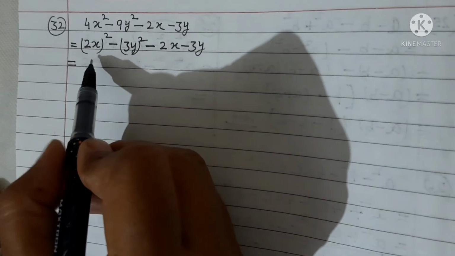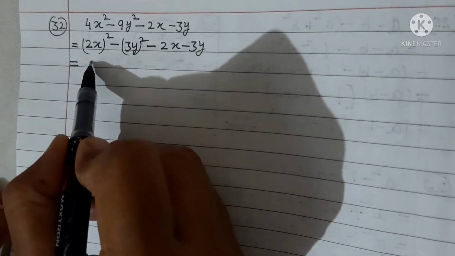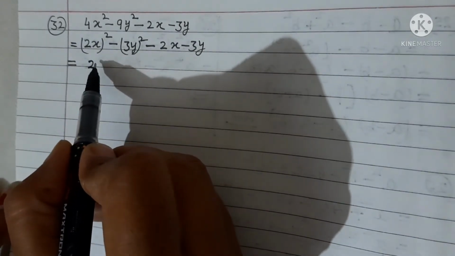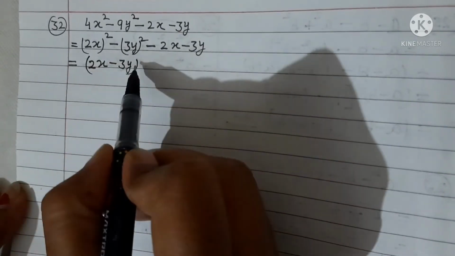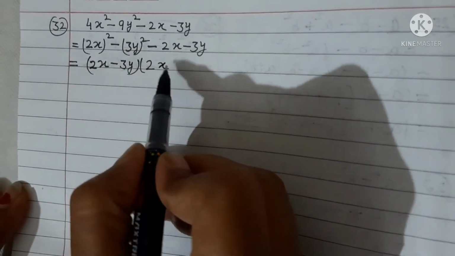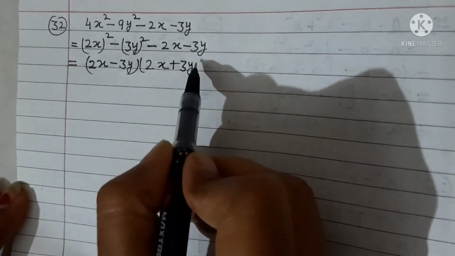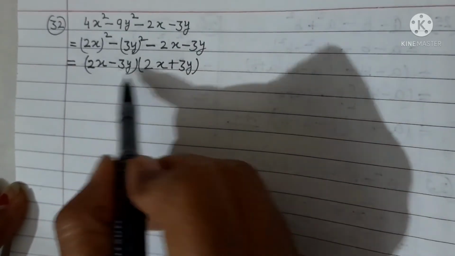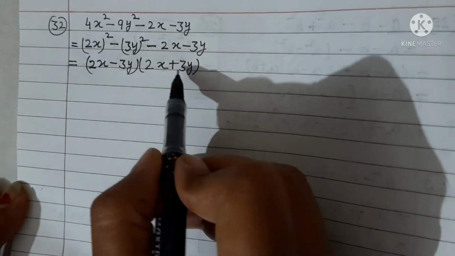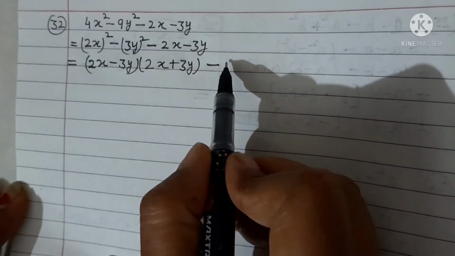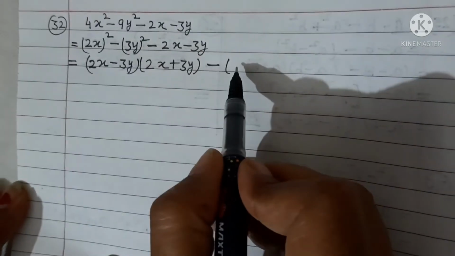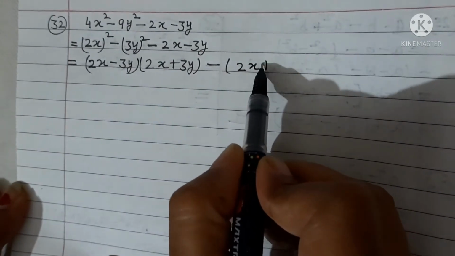So open this by using identity a square minus b square, means a plus b, a minus b. So 2x minus 3y, a minus b, and 2x plus 3y. You can write it in these two factors, minus taking common and put in bracket 2x plus 3y.